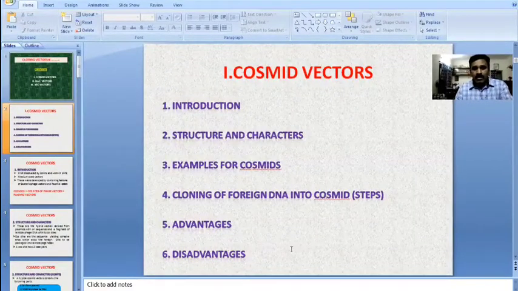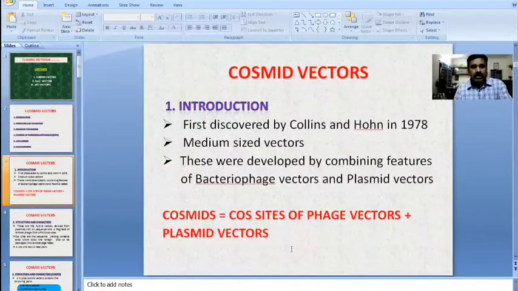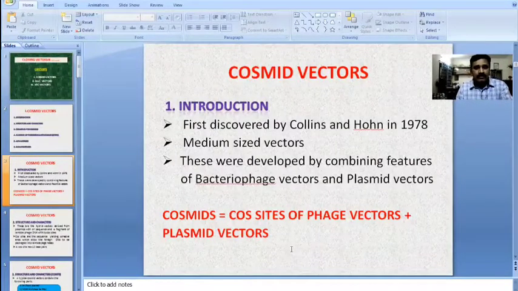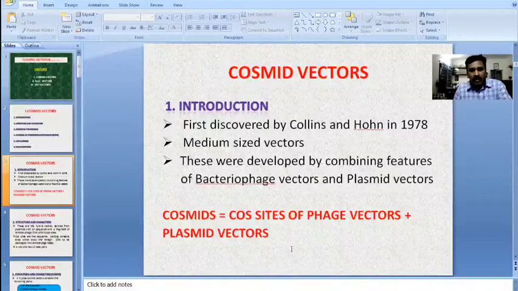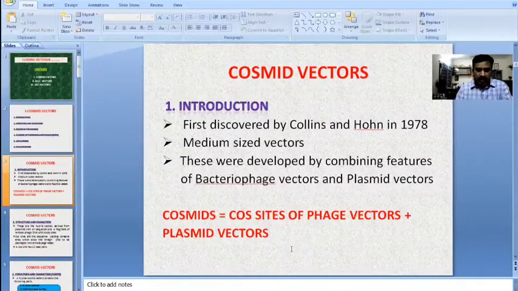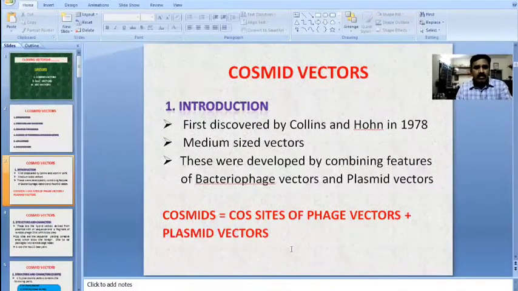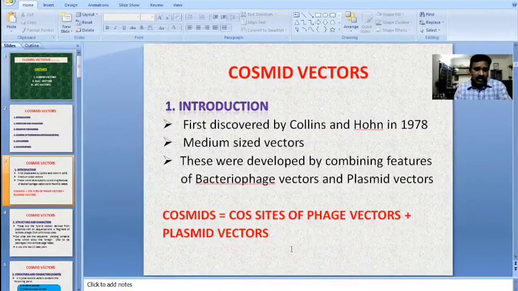Okay. So let us see briefly one by one. The first one, introduction about the cosmid vectors. What are the cosmids? Cosmids are nothing but cos sites of phage vectors and plasmid vectors. I will explain later on. First, who discovered these cosmid vectors?